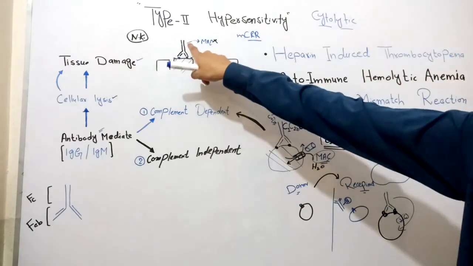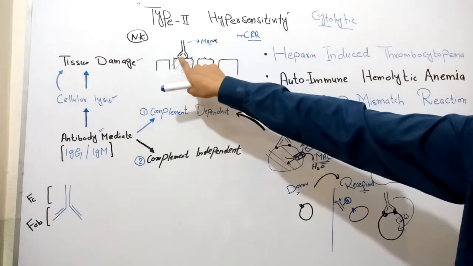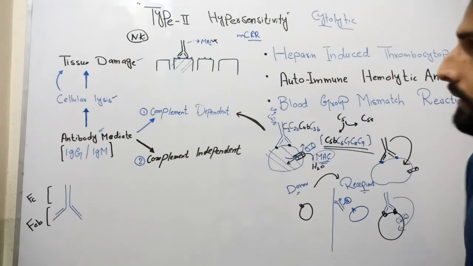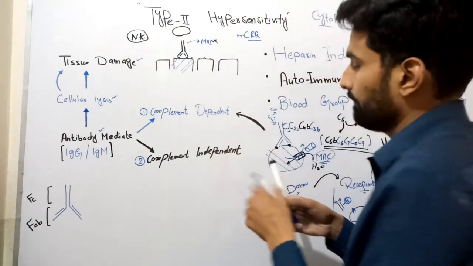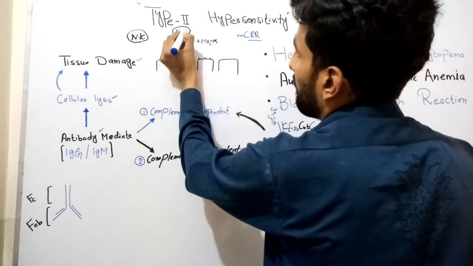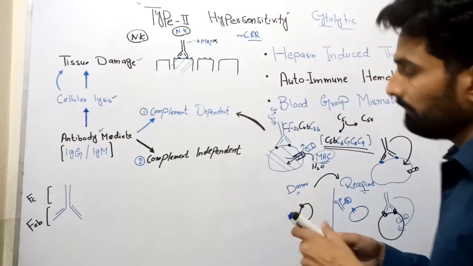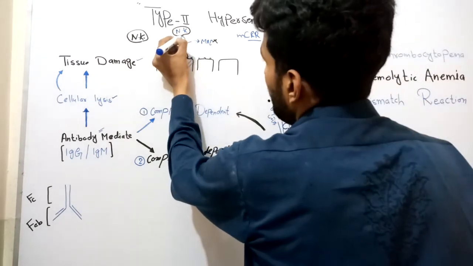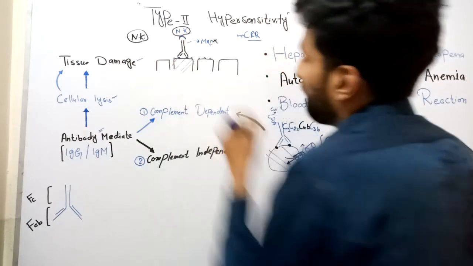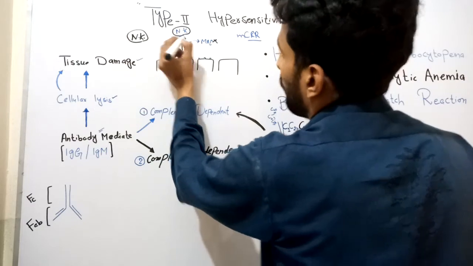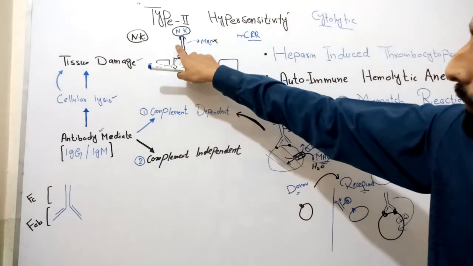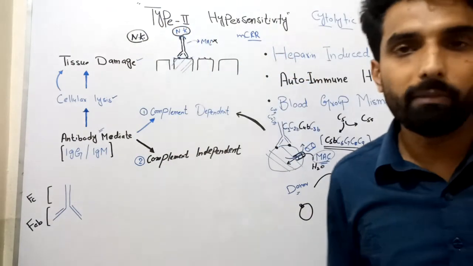So once the antibody has attached on the nucleated cell, the natural killer cell will come and it will have a receptor for the Fc portion of these antibodies. So the interaction between the Fc portion and the natural killer cell will take place.